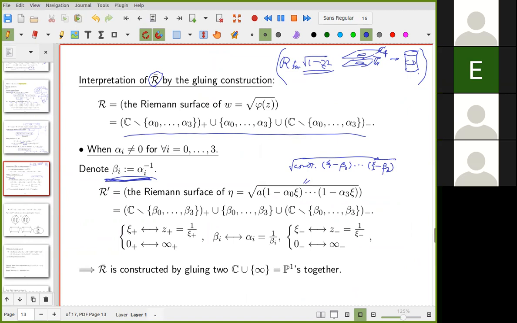So we can construct such a Riemann surface by gluing two sheets, by just identifying alpha, beta, z, and xi in this one.